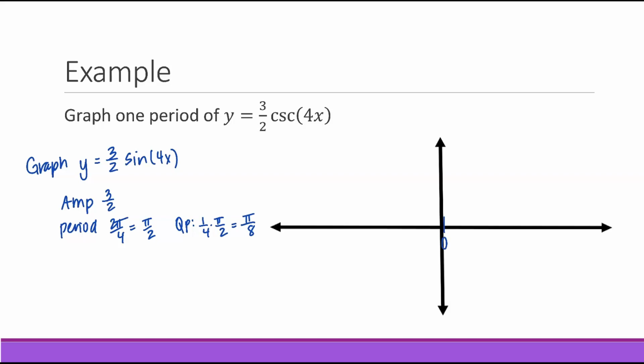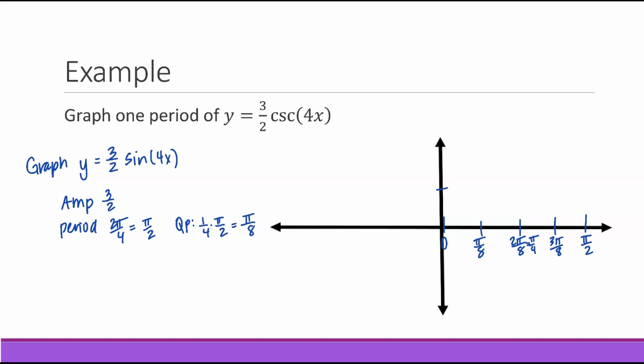We have 0, and the end of our period is going to be pi over 2, and we'll split it into 4 equal parts using 5 tick marks. The tick marks are going to be pi over 8 apart. So we have 1 pi over 8, 2 pi over 8, 3 pi over 8, and then of course 4 pi over 8 is pi over 2. We can reduce 2 pi over 8 down to pi over 4.